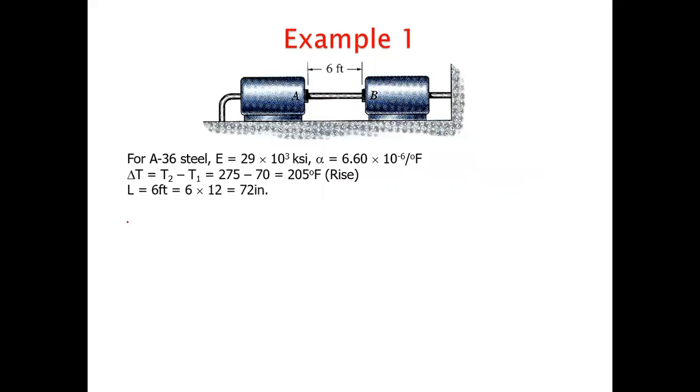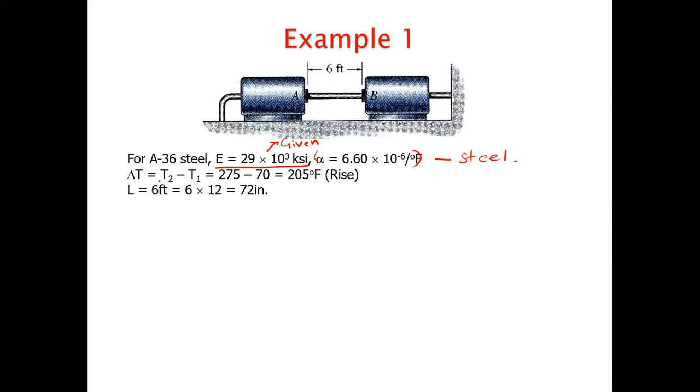For A36 steel, E is 29 into 10 raised to the power 3 KSI. It will be given in the exam or in a chart. Alpha is 6.6 into 10 raised to the power minus 6 per degree Fahrenheit. This is alpha for steel.